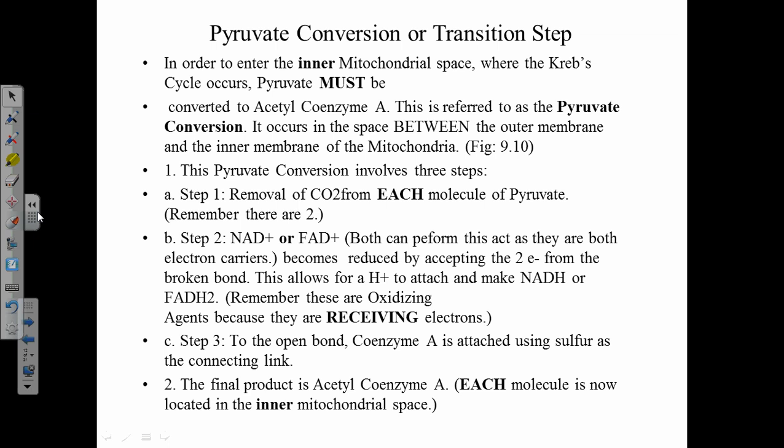So the pyruvate conversion step's job is to oxidize the pyruvate, break off 1 carbon, be left with 2. What's the word for a 2-carbon chain? Acyl. So we're going to take the pyruvate, break 1 carbon off of it, leave 2, and that's called the pyruvate conversion.